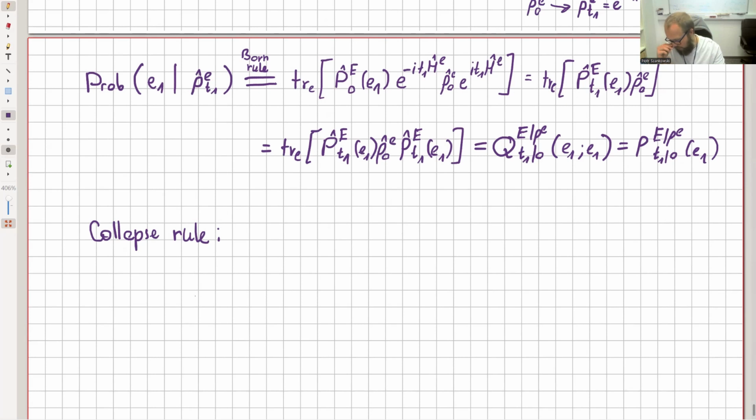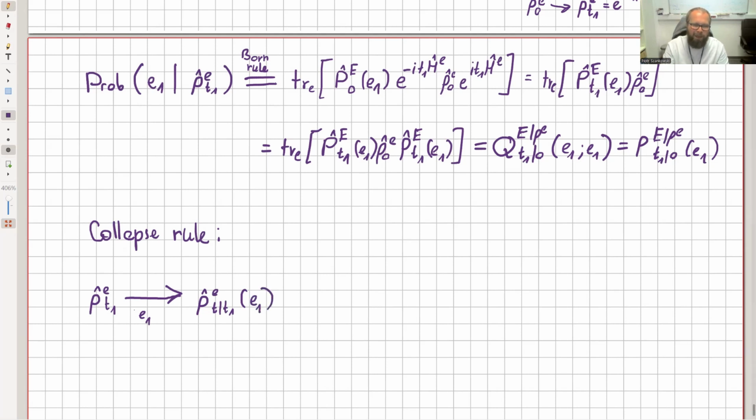So ρ_E(T1), the state at the moment of measurement, changes, given that we obtained result E1, to ρ_E(t) conditioned on T1.